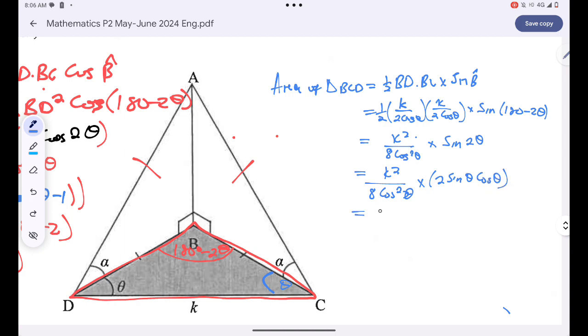This gives me K squared sine theta all over, 2 goes into 8 four times, so I'll be left with 4 at the denominator, and the cos cancels one of the cos's at the denominator, leaving 4 cos theta. So that's K squared over 4 multiplied by tan theta.